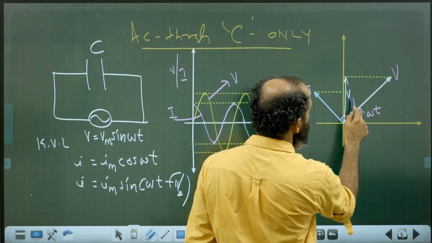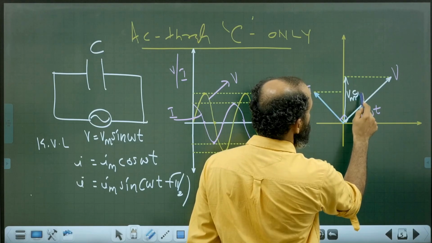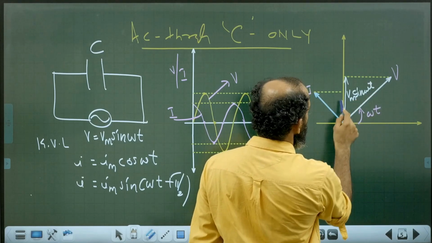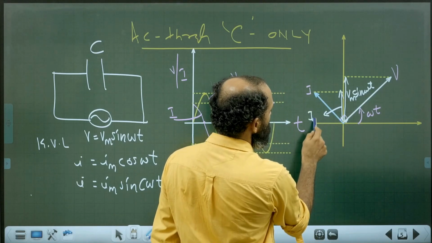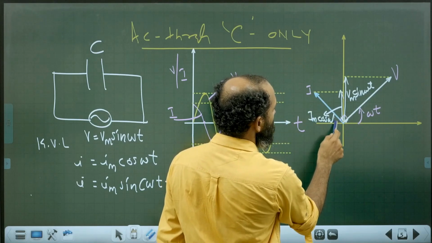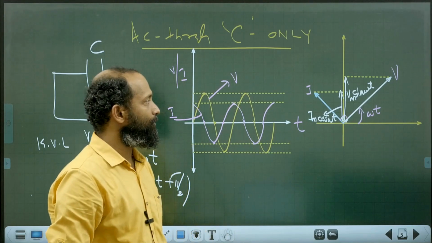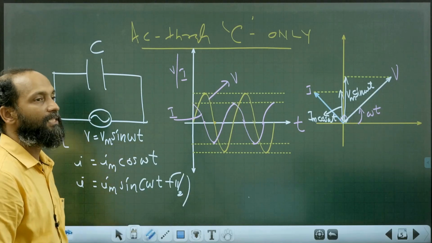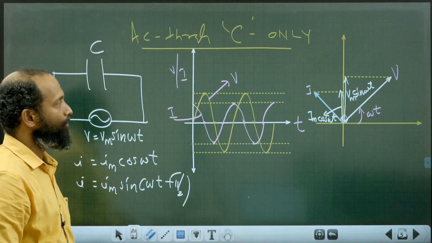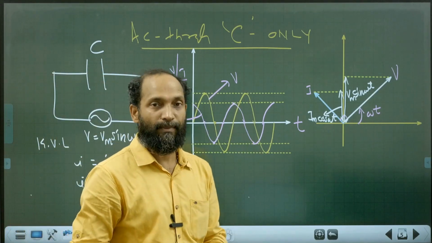This value is Vm sin omega t, and this length will be given by Im cos omega t. Those are instantaneous values as we have plotted earlier. As it is a mere repetition, you will feel comfortable. So that is AC through capacitor only.